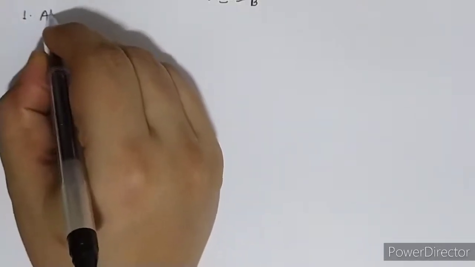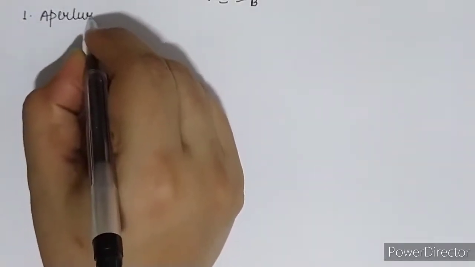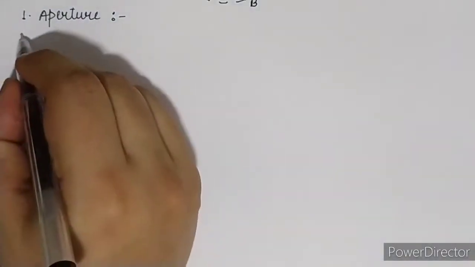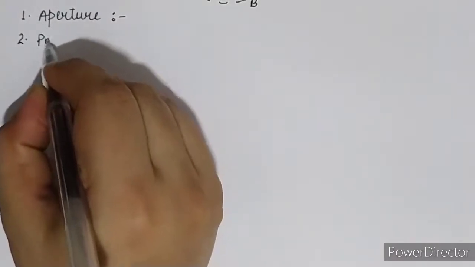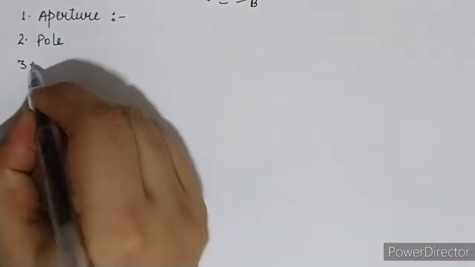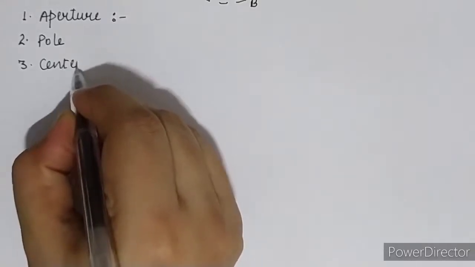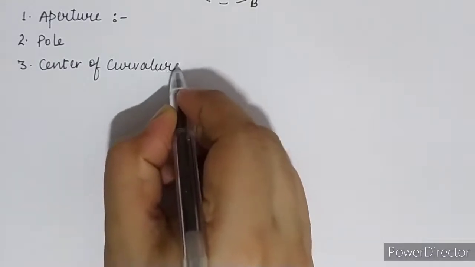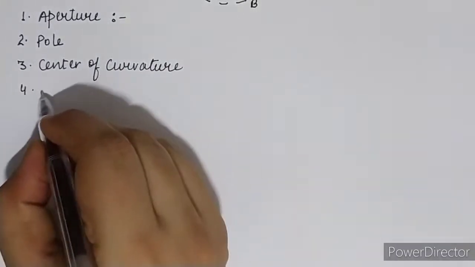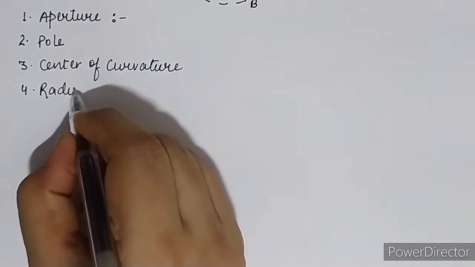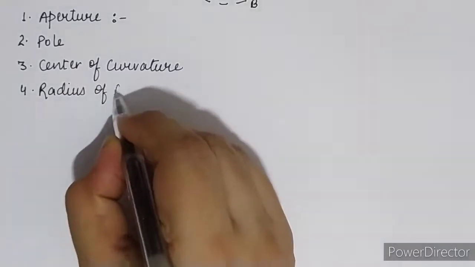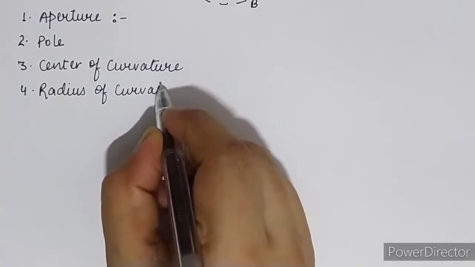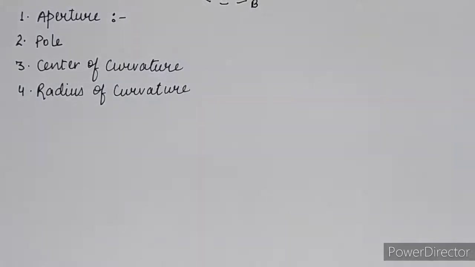So first one is aperture, and I have explained all the definitions clearly. Second one is the pole. Third one is center of curvature. Fourth, radius of curvature. Okay.